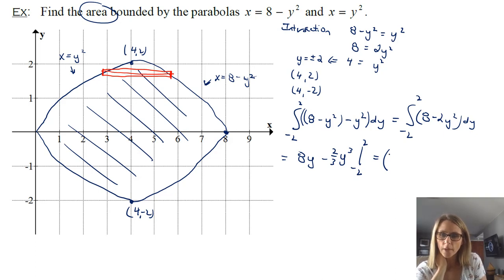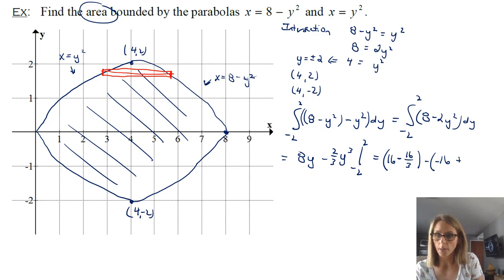So when we plug in 2, we'll have 16. And then when we put 2 into the other piece, we will have 16/3. And then from that, we're subtracting what happens when we put in negative 2, which will be a negative 16. And then what happens when we put a negative 2 into the second piece, and that's going to give us a positive 16/3. So when this gets evaluated, you'll see we end up with 16 plus 16, which is 32.